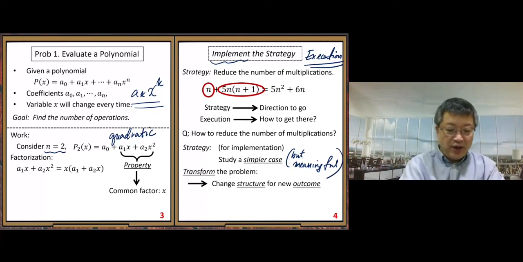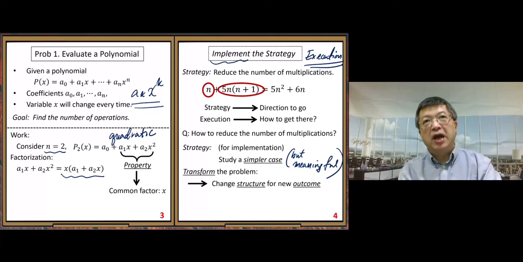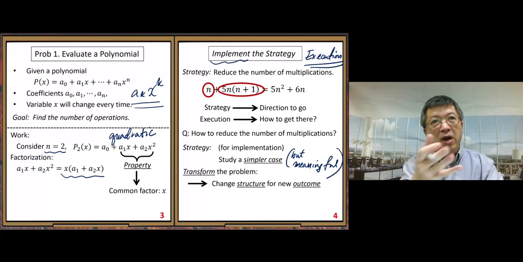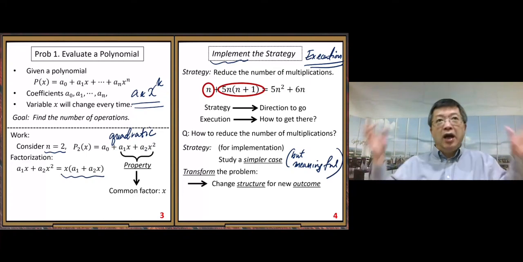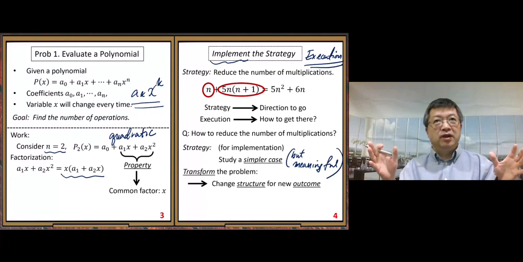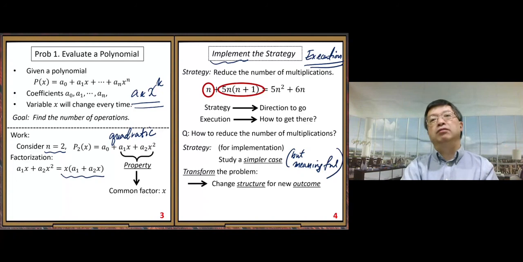So we get a second equivalent expression. This equivalent expression has a different structure compared with the original one, right? The structure is completely different. And this new structure gives us a new property, new insight into this problem.